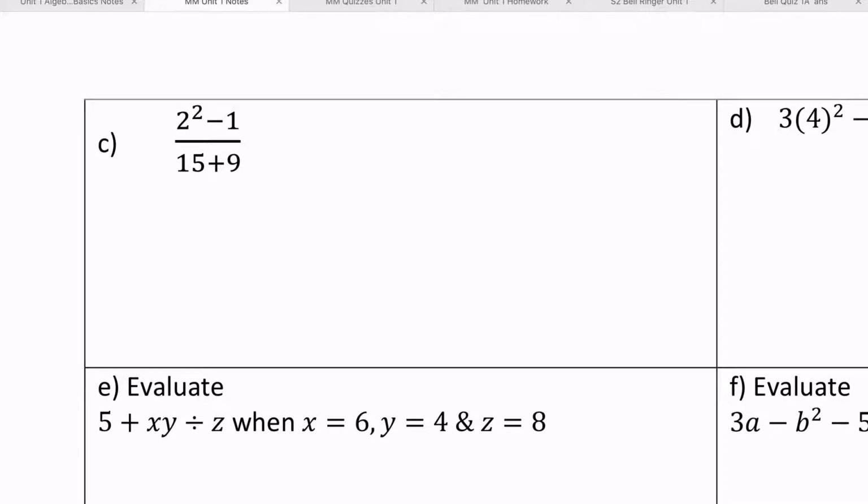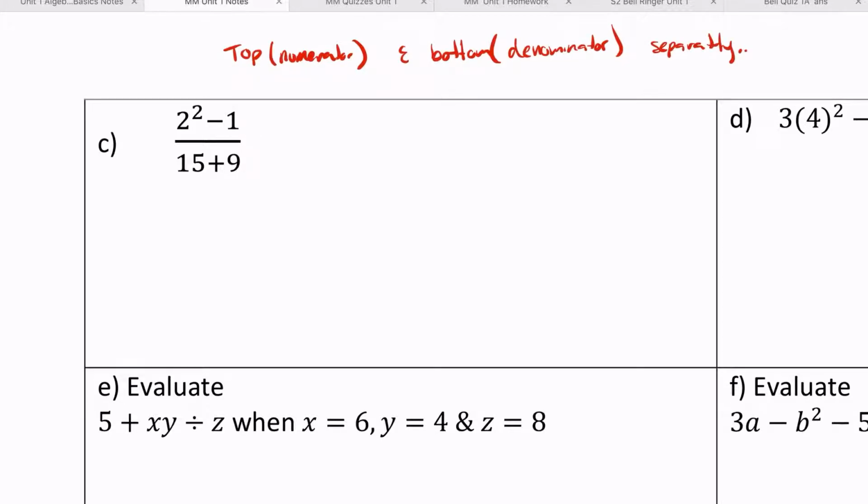Whenever we have a fraction, we need to evaluate the top, which is called the numerator, and the bottom, which is called the denominator, separately.